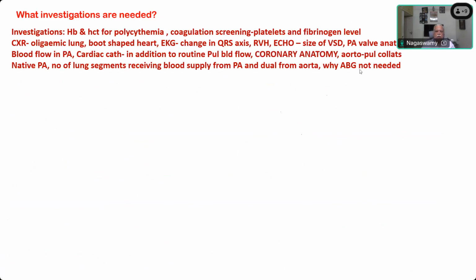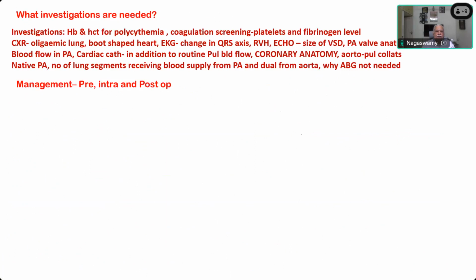And you must see the aortopulmonary collaterals, the native PA, and the number of lung segments receiving blood supply from the pulmonary artery or from the aorta, which is called dual supply. And why is ABG not needed in these cases? Anyway, their baseline saturation will be around 85 to 90 only, not 95. So there is no point in checking the saturation.